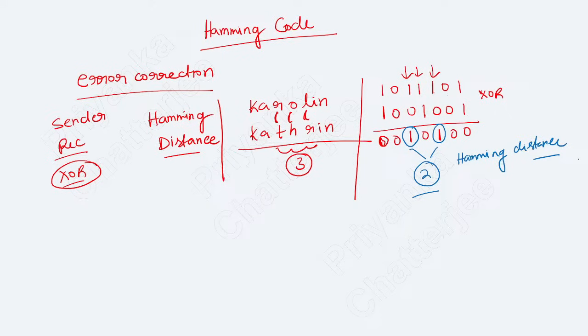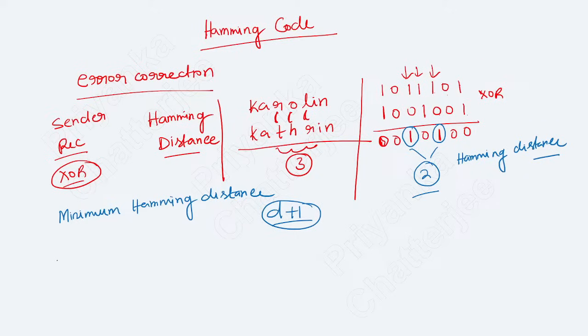Now the next thing is the minimum Hamming distance. The minimum Hamming distance for error detection is always D plus 1, where D is the distance you will calculate.